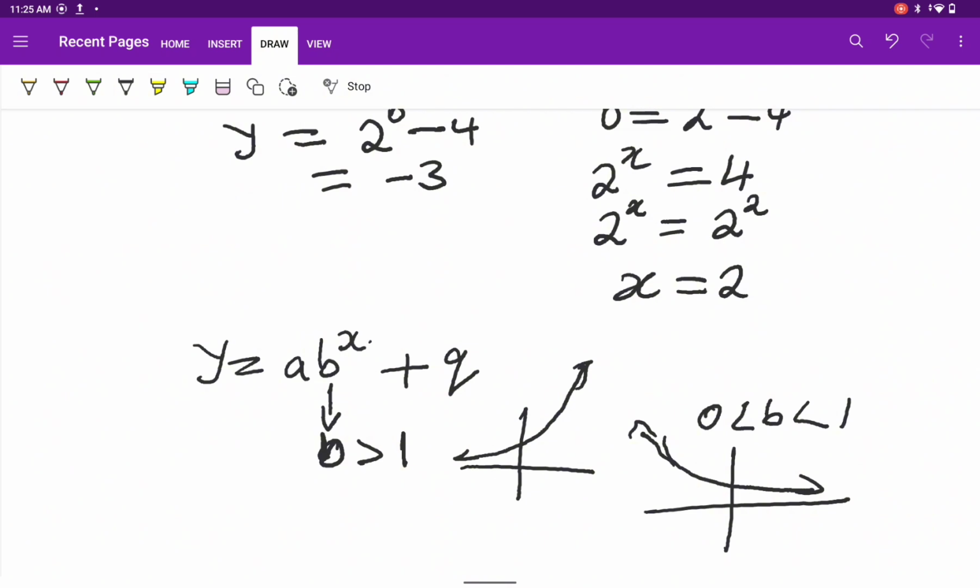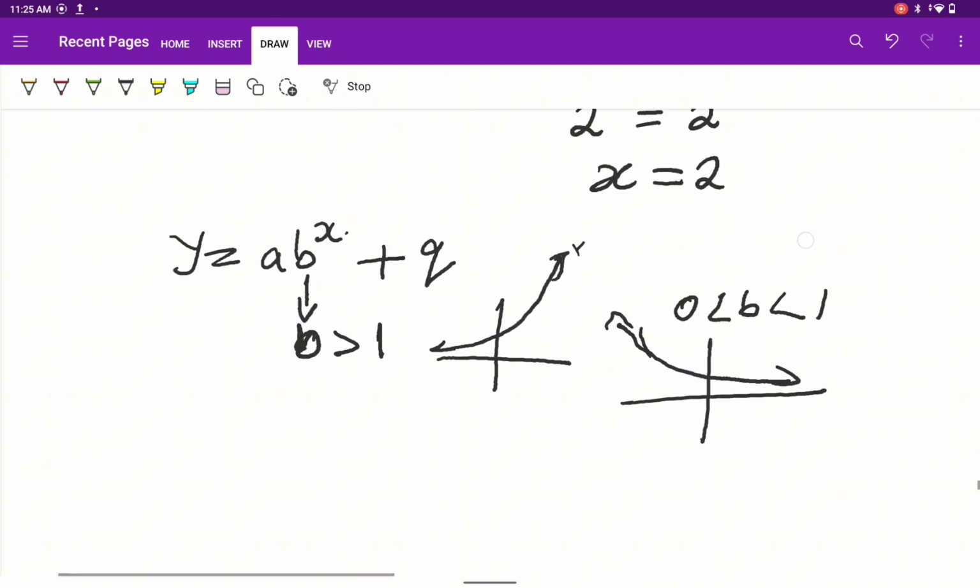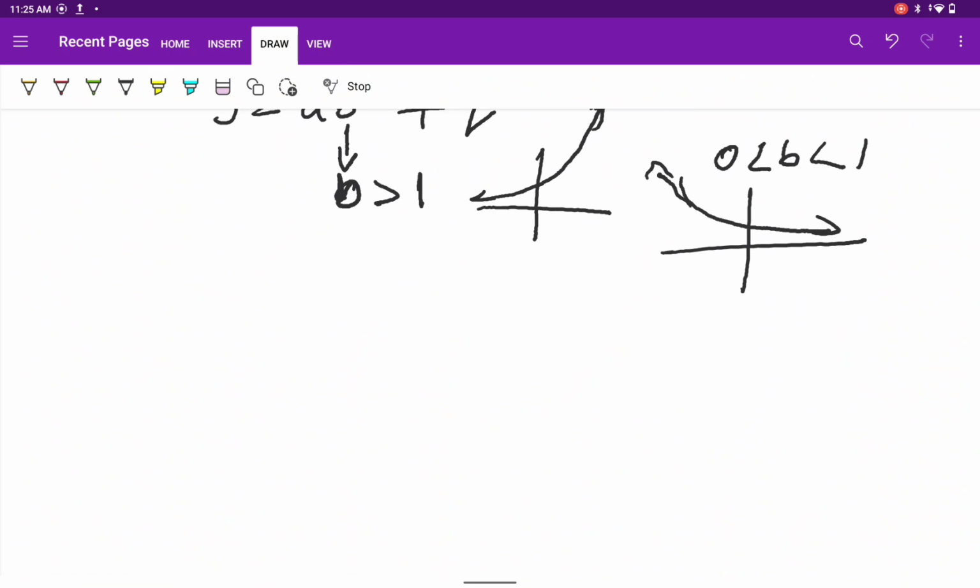Now in this case, if we look at our function, the b value is more than 1. Therefore, we are going to have this type of graph. But we don't have to cram that. If we have another point, we can get another point.